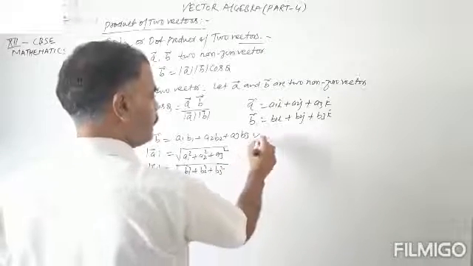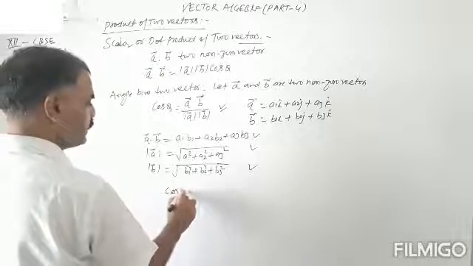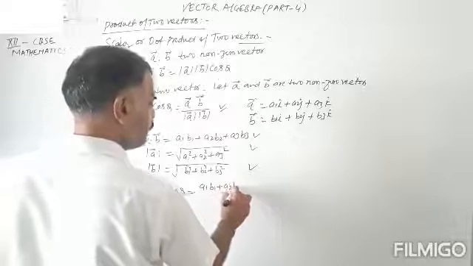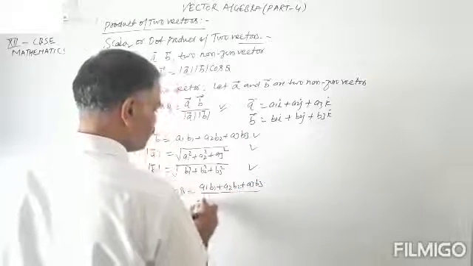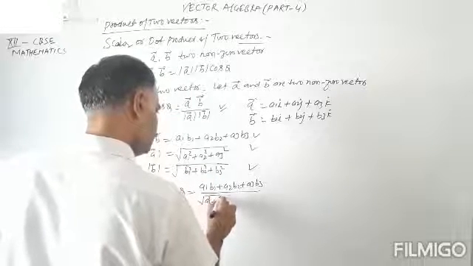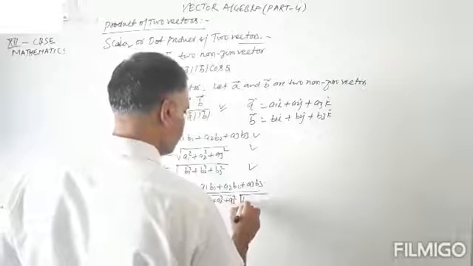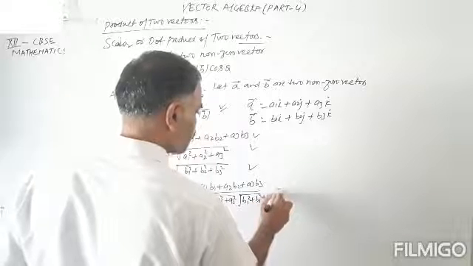After putting these values in cos theta, we have cos theta equals a1 b1 plus a2 b2 plus a3 b3 divided by under root a1 square plus a2 square plus a3 square multiplied by under root b1 square plus b2 square plus b3 square.